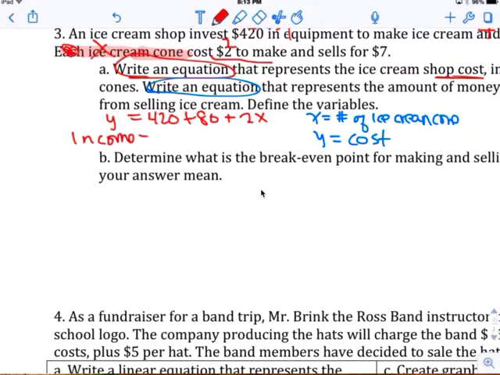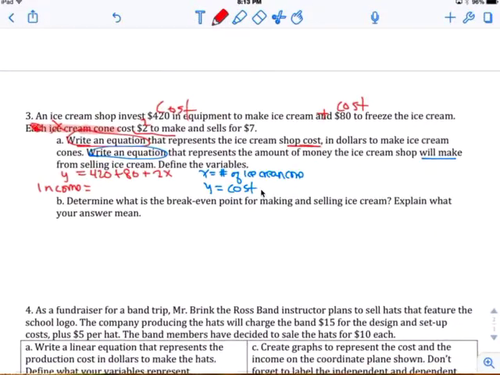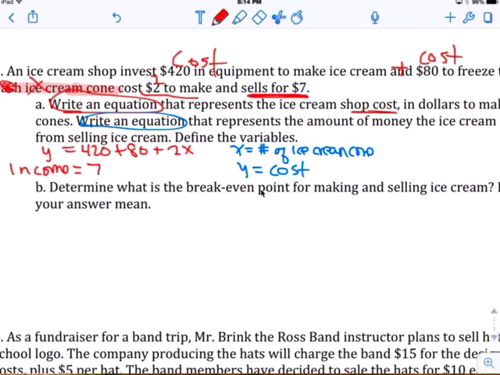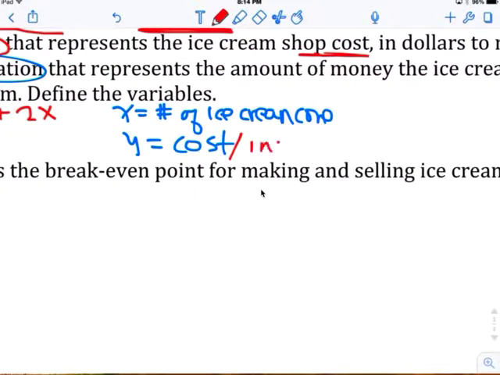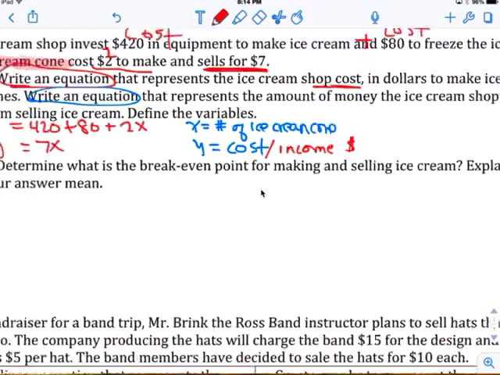Income equals, when you're selling it to make money at $7 for each ice cream, 7x. So X represents the number of ice cream cones, $7 times the number of cones you sell. That makes sense. Income, we're also going to change it to Y, so Y is cost and income in dollars, for both cost and income.